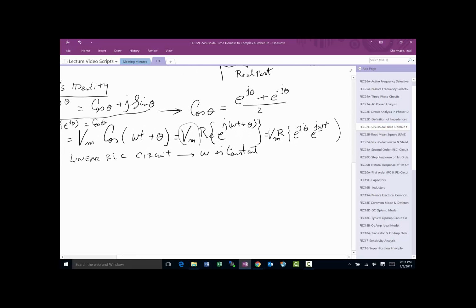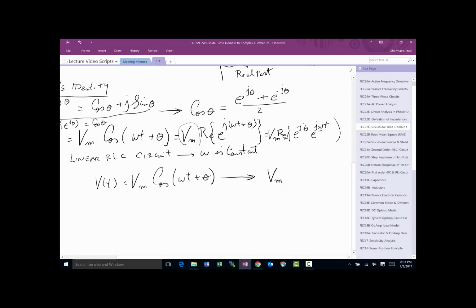So when we take this signal v of t equal to Vm cosine of omega t plus phi and convert it, we only keep Vm and the theta portion.